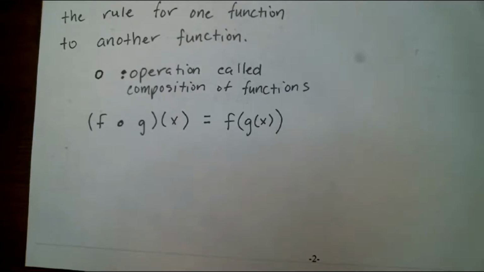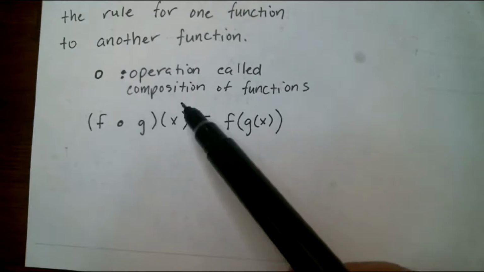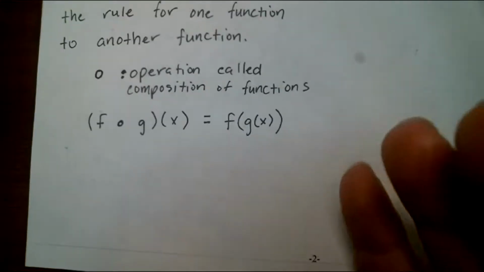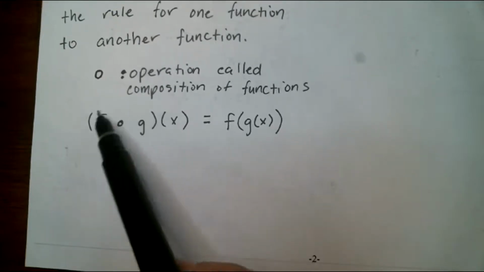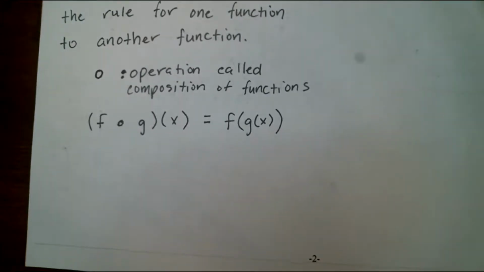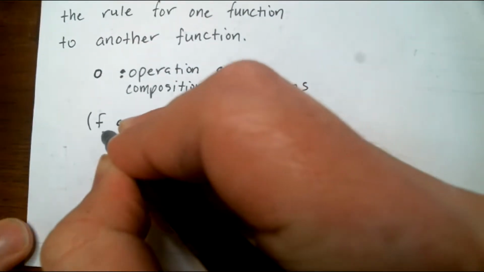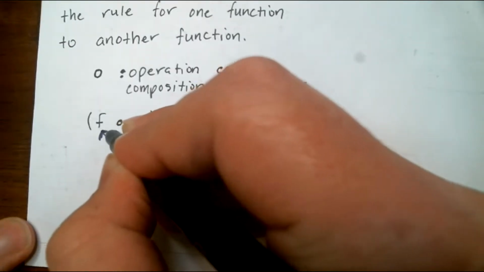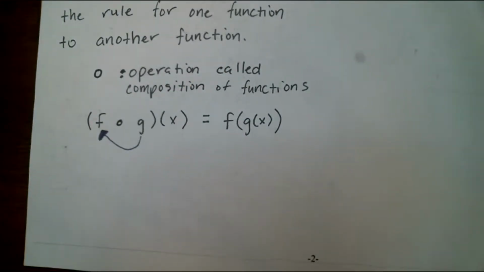If you think about what's happening, composing would be to make something whole or to create something. So anytime you see something like this, I want you to think about it like this: you're plugging g into f.